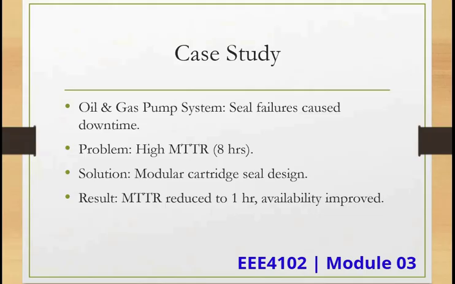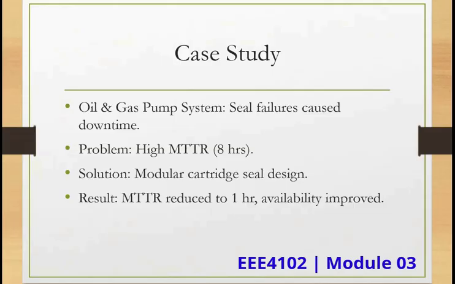Then what's the result here? What are we looking at? In using this new modular cartridge seal design, the MTTR reduced from 8 hours to 1 hour. So what are we trying to do here? We are improving the availability of the oil and gas pump system.